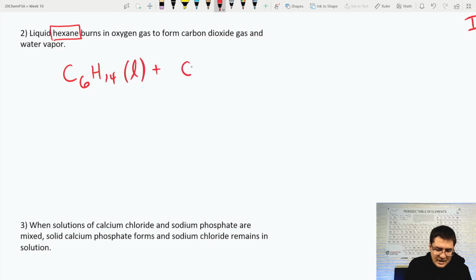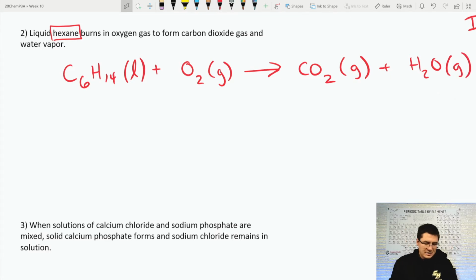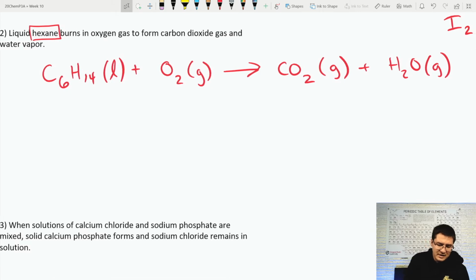It burns in oxygen gas, there's our diatomic gas again, to form carbon dioxide, which is CO2, and water vapor, H2O. Vapor is in gas form. So this type of reaction is called a combustion reaction. We're taking a fuel plus oxygen.